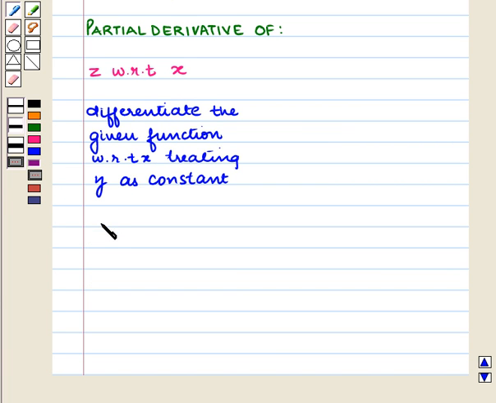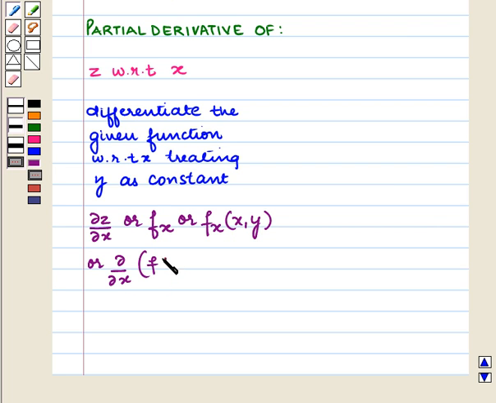We denote this derivative by del z by del x, or curly z by curly x, or f sub x, or f sub x of xy, or del by del x of f of xy. That is partial derivative of f of xy with respect to x.